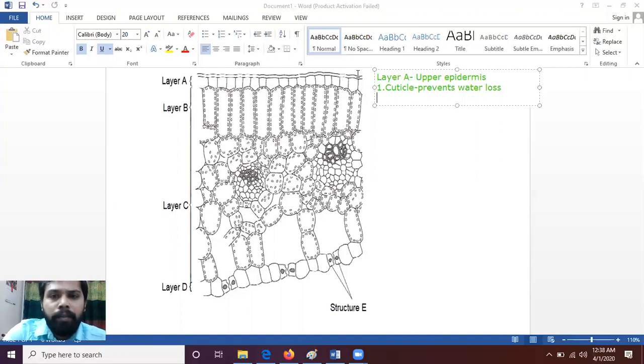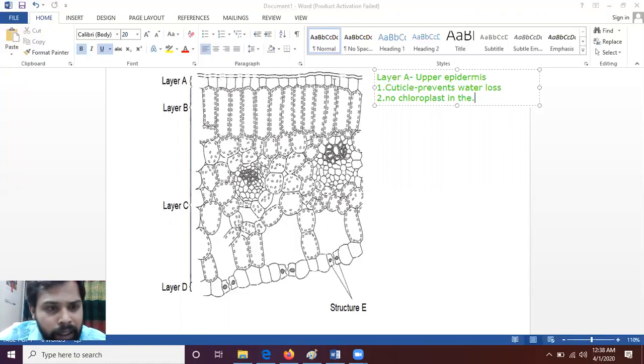Then the second thing we have to know about the upper epidermis is there is no chloroplast in the cells. You can see these are the cells. There are many cells in the upper epidermis layer, but they don't have any chlorophyll or chloroplast.